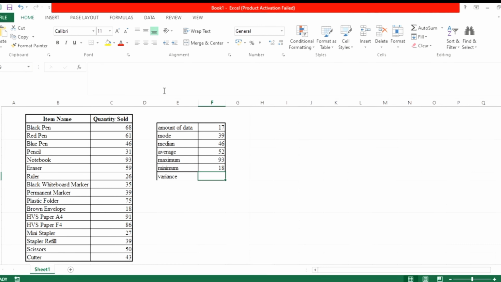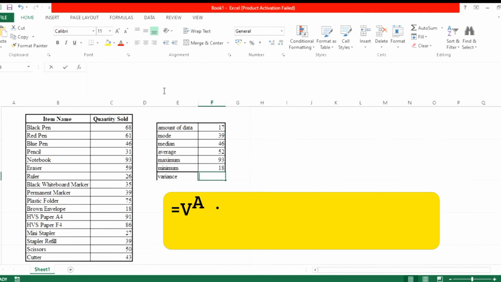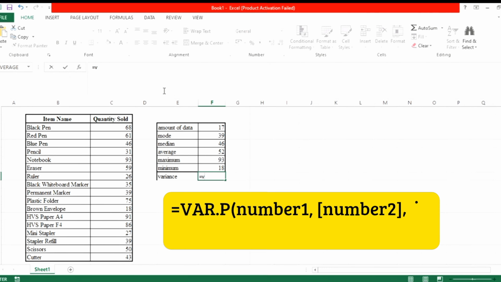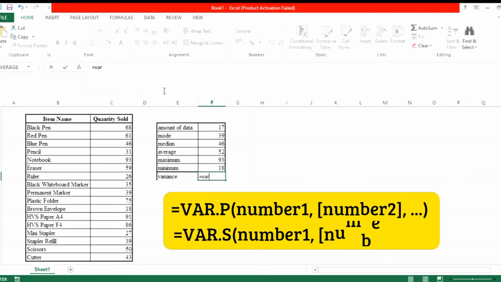If there is a need to find the variance of this data, we can use the formula VAR.P, because our data is population data, meaning it's not just a sample, but we have all the items. That's why it's called population, different from the sample.